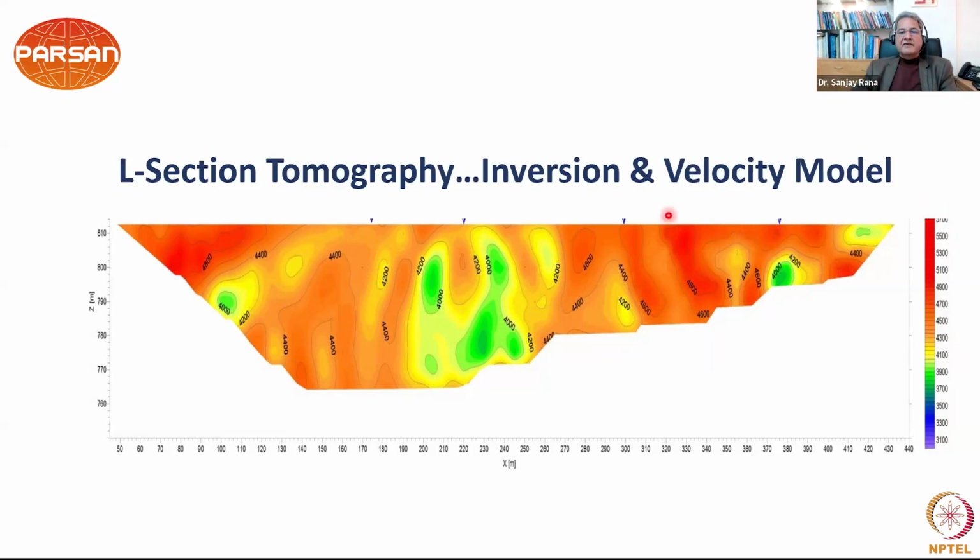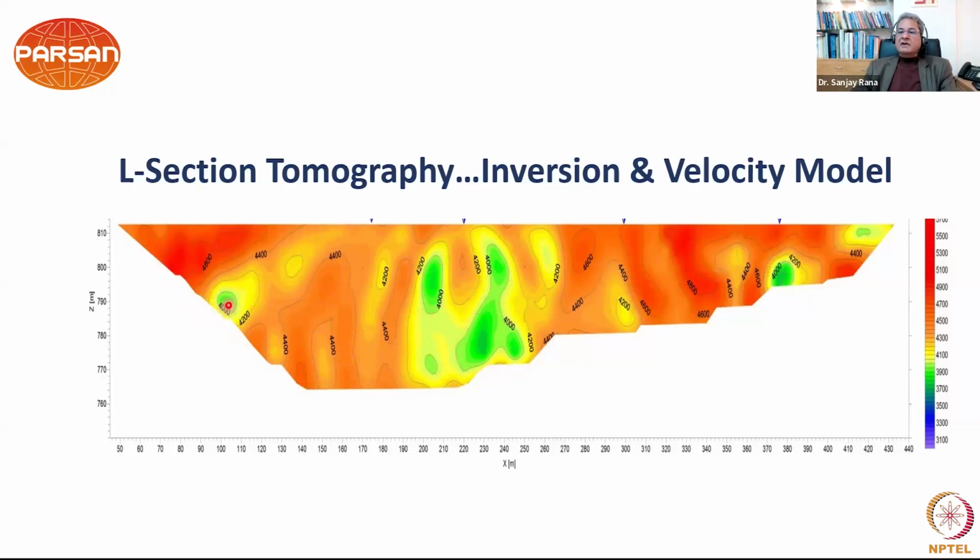Because if you look at this dam, most of the dam body has velocity exceeding 4,400 meters per second. But then there are certain zones, for example, a zone here, with a little less velocity, but this one is most profound, this one is most profound, and this one is most profound. And of course, this one.